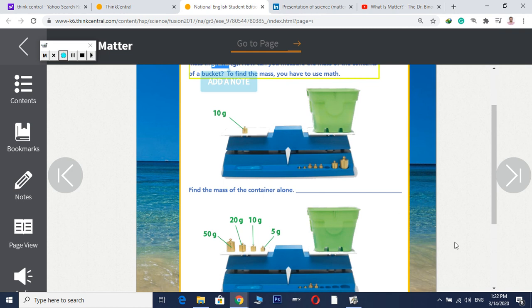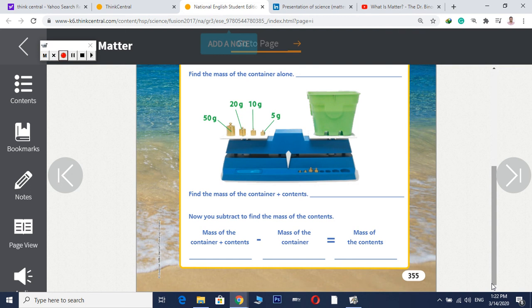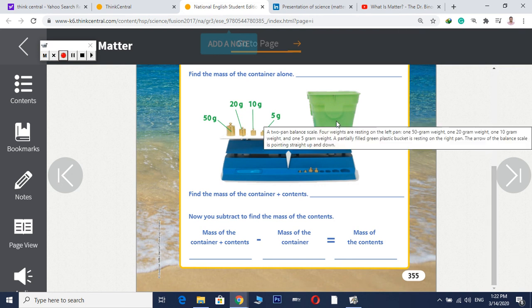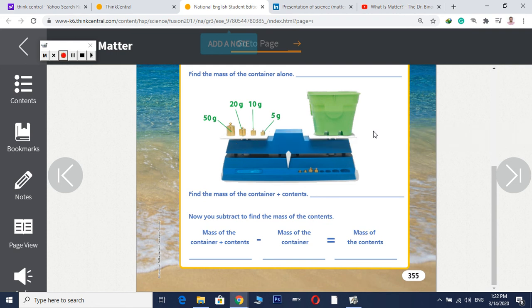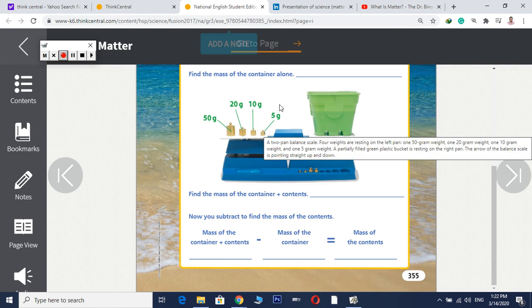Then if I put now some sand in it, can you now measure the weight, the mass? So the bucket alone is 10 grams.